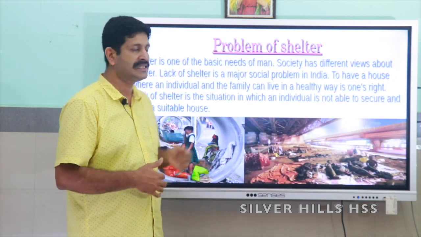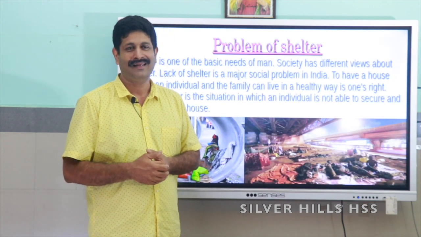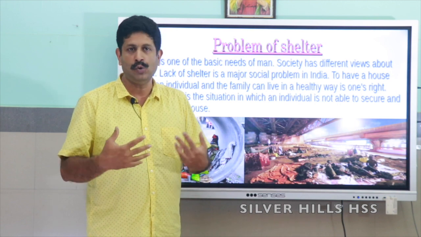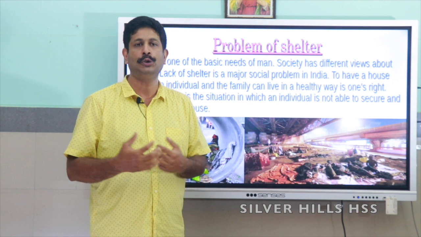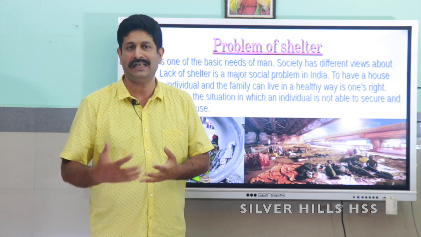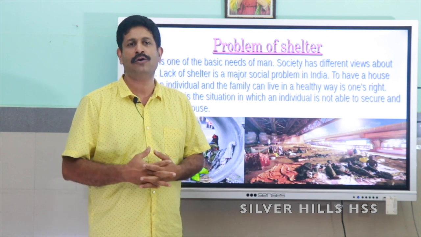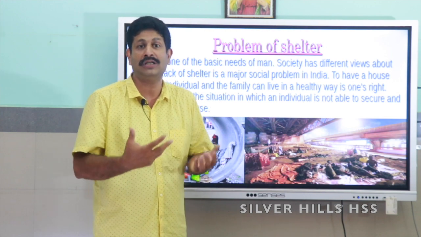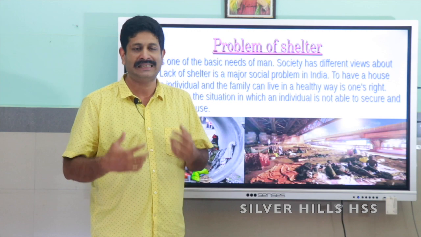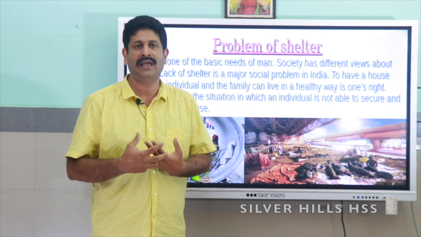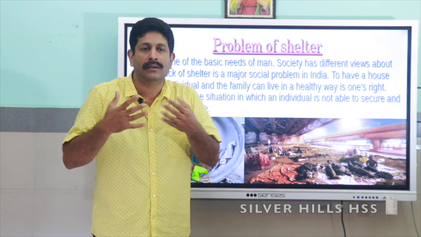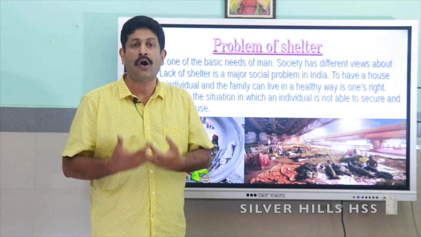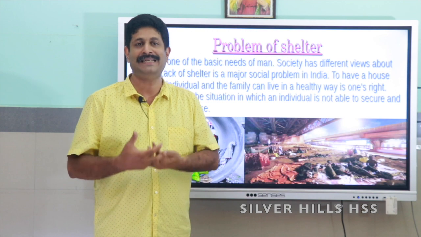Now the third one is shelter. In the news itself, we can see two persons died due to lack of shelter. They struggled to make a good and better shelter for their children. Two children were there, and they struggled for that, and at last they killed themselves for not having a proper shelter.